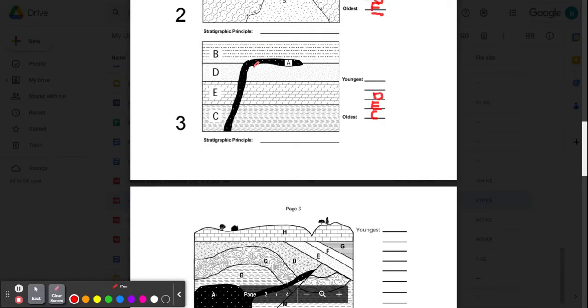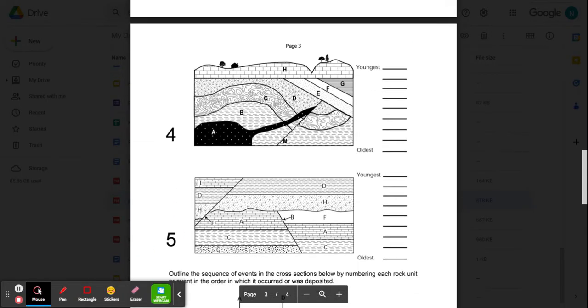Well, the key is going to be, where does it lay down? Does A lay down on top of the surface of D, or does it take up some of D and some of B? If you look at the picture, it takes up a little bit of both. So that means that A is younger because it squeezed itself in between these two layers of rock. So we're going to put B as older than A.